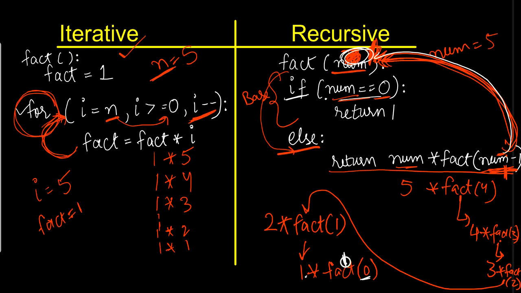Now 1 into 1 is 1. 2 into 1 is 2. So the process of recursion is going on, which is the function calling itself. Now 3 twos are 6. Then again 6 into 4 is 24, and 24 into 5 will be 120. So this is how recursive and iterative work.